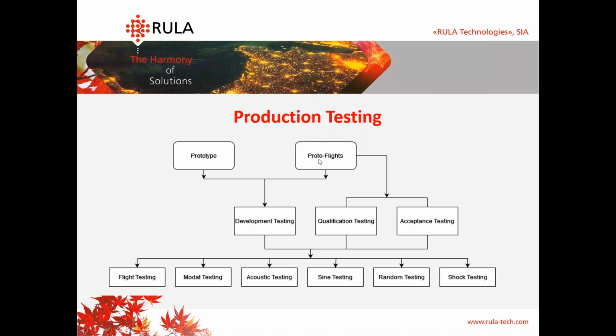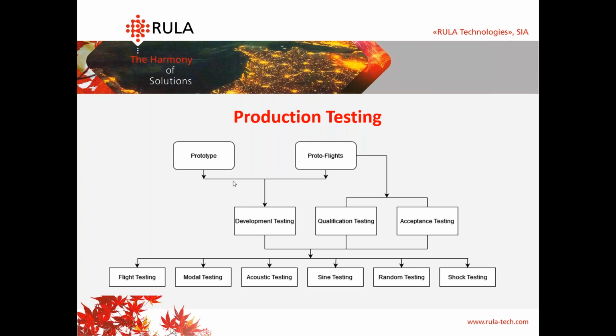And if we have our prototype model, it goes to the next testing steps, which are qualification and acceptance. All these steps can be divided into flight testing, model analysis, acoustic, sine, random, and shock tests. But as you see, we have the same, I can say, names for these steps.